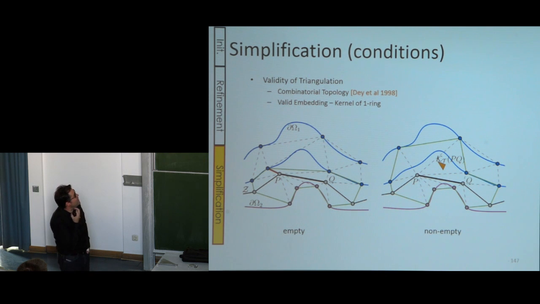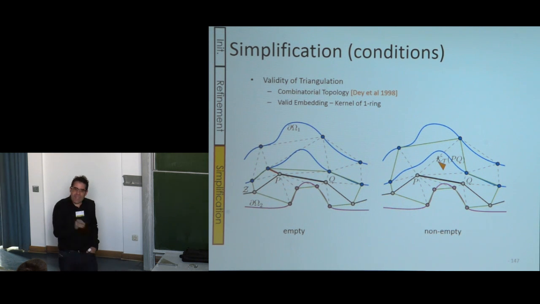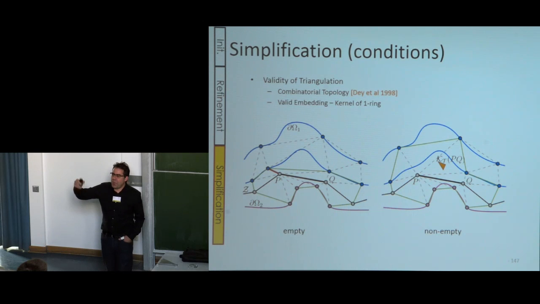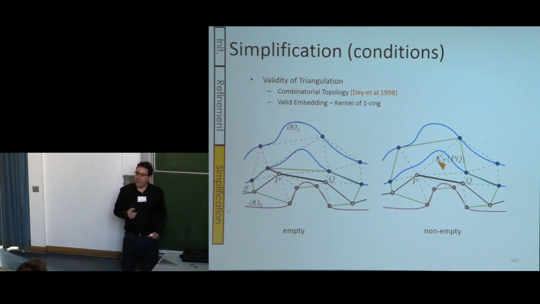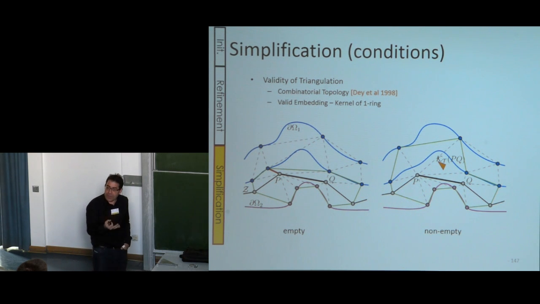Now the trick is that for an edge like this one, to collapse it, the kernel can be tiny like that. So it's really different from the quadric geometry plus a check of absence of intersection. Now I have a tool for optimization. I know if there exists a location in space that will guarantee validity. This is a non-empty kernel, this is an empty kernel.